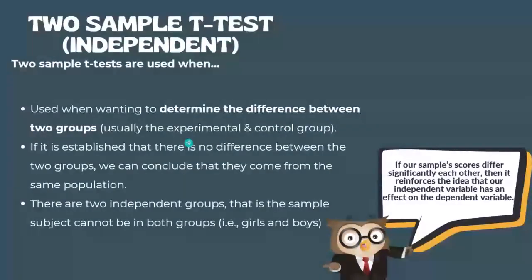So if you think about a scenario in which you've got an experimental and a control group, and you're testing the effect of some kind of medication, and you can find a significant difference between the experimental group, the ones that get the medication, and the control group, the ones who don't, that means that the variable that's changed, which would be the medication, is having some sort of effect. Sorry. Okay, so that's really the purpose of this, is essentially to be able to figure out whether your independent variable is doing anything.